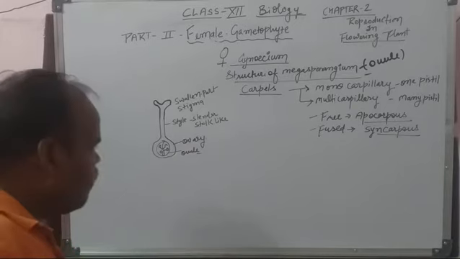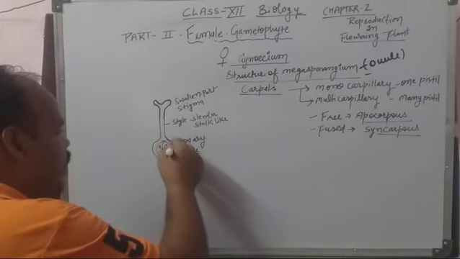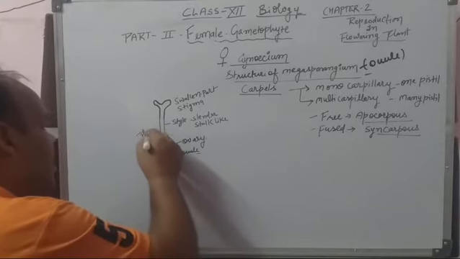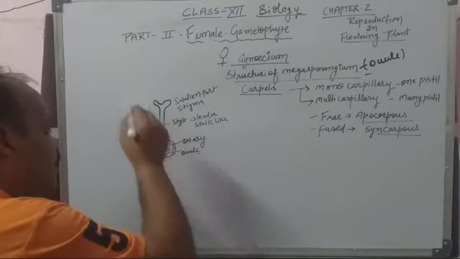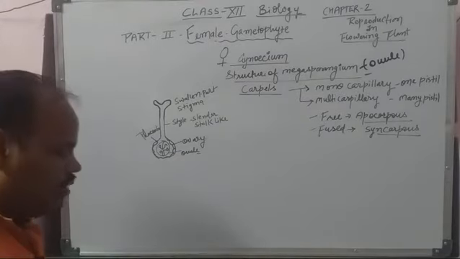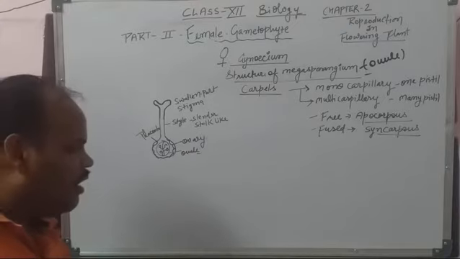It is the part of the ovary that has various types of cells, called the placenta. So these are the structures of the female part of the flower.